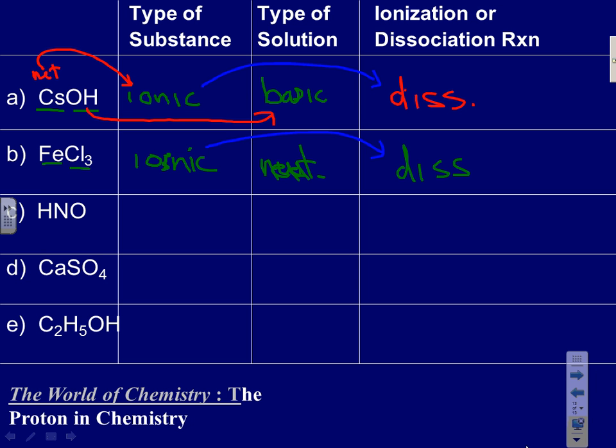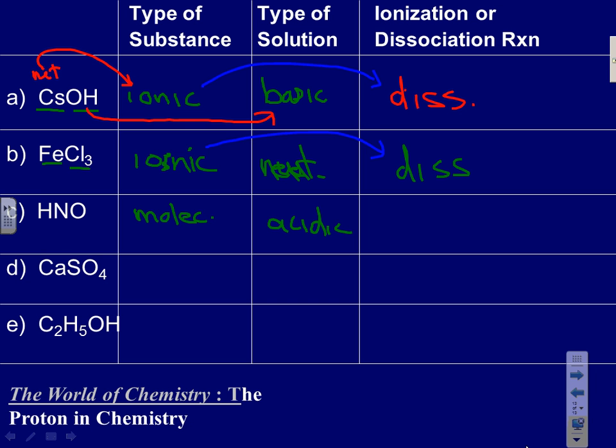HNO3. Metal and non-metal, or all non-metals? So it's molecular. Now, acidic, basic, or neutral? Acidic. Why? H at the front. So this is an acid.